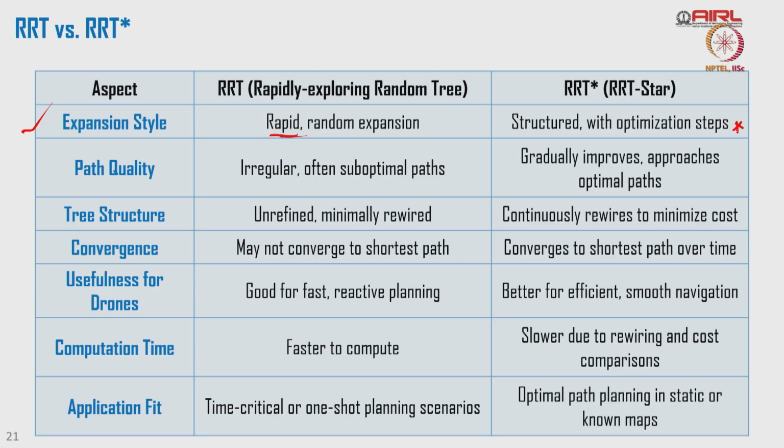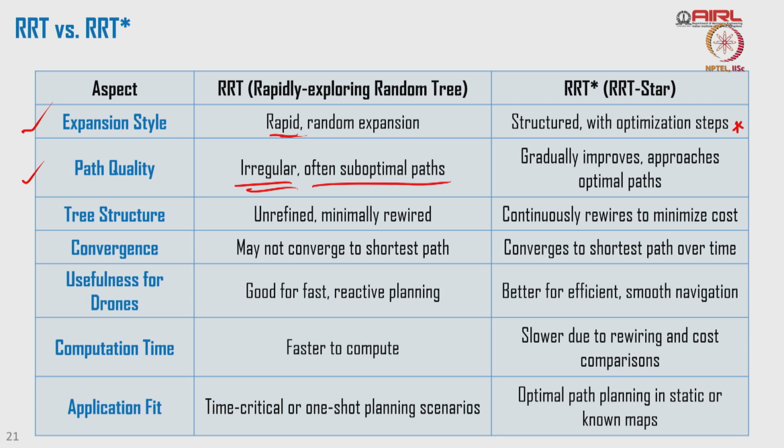Fine. Now comes path quality, of course. So, it is irregular. So, there might be some sharp turn which is not good for the autonomous vehicles. There might be some violent turning required to follow the path, that will not be energy optimal, of course, and often suboptimal paths will be there.